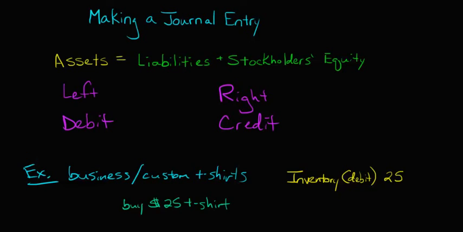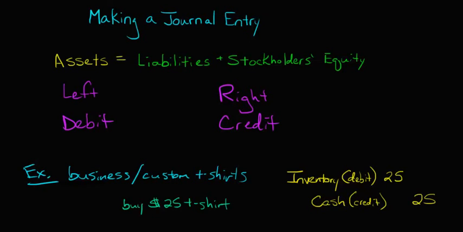So let's say that we paid cash. We paid $25 cash for that t-shirt. Well, cash is an asset too. So now we've got a corresponding reduction in an asset account. So we're going to do what's called credit. We're going to credit cash. Okay. Say that's a credit. Why is it a credit?